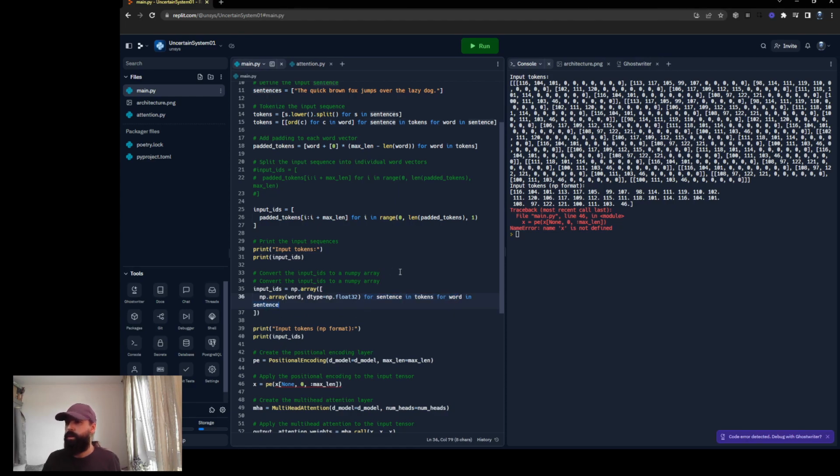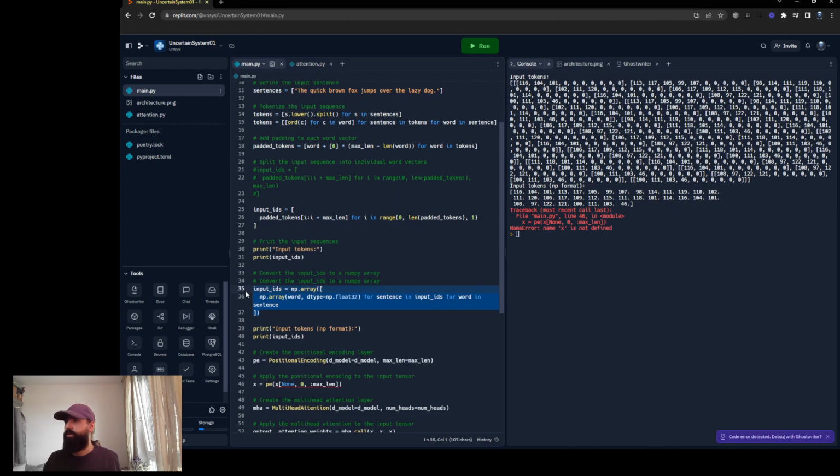No, not in tokens, but in input IDs, right? For sentence in input IDs, exactly. For sentence in input IDs, this is for, for word in sentence. That's so.